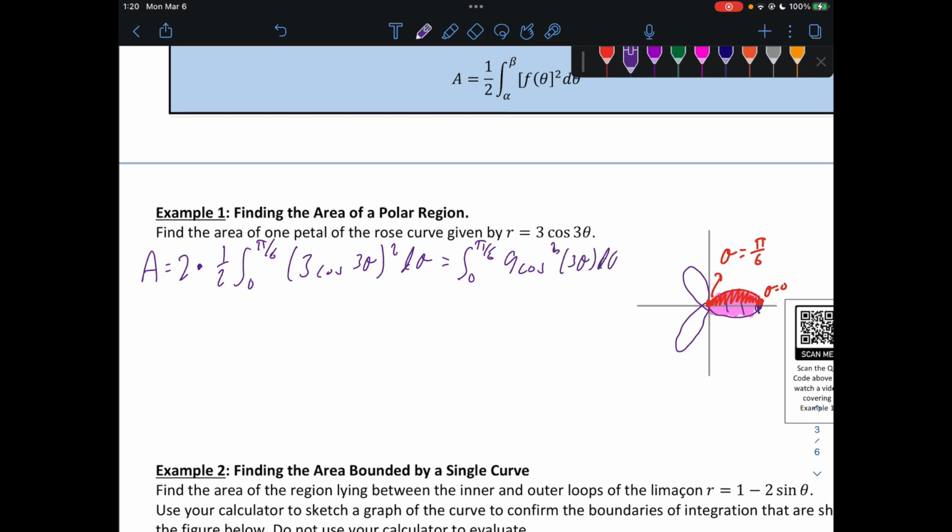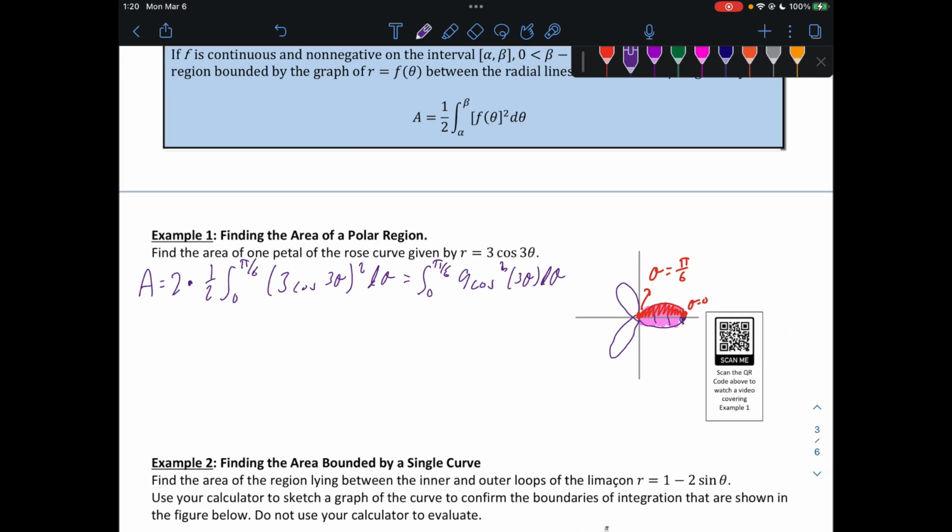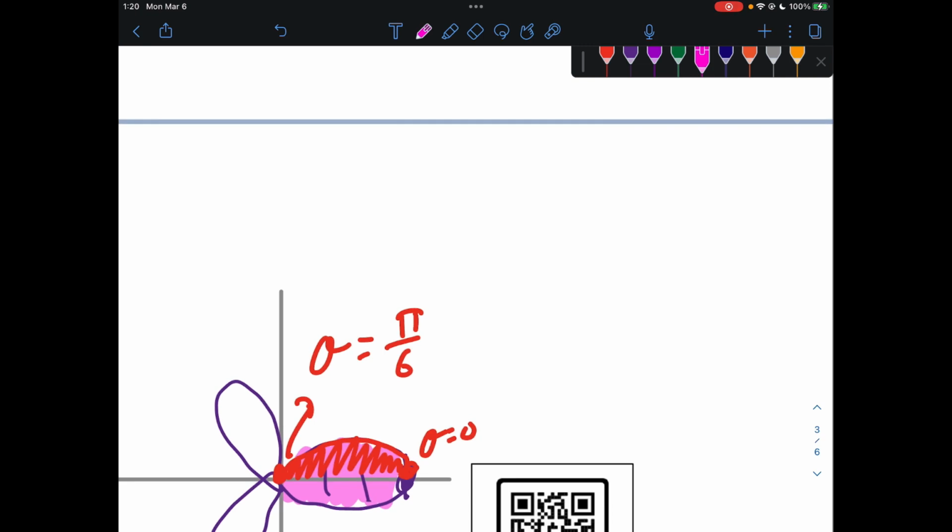3 theta d theta. Obviously we could do this with the calculator pretty easily, but we can also do this without a calculator. To do this without a calculator, you're going to have to remember something from your pre-calc days, which is our double angle formulas.